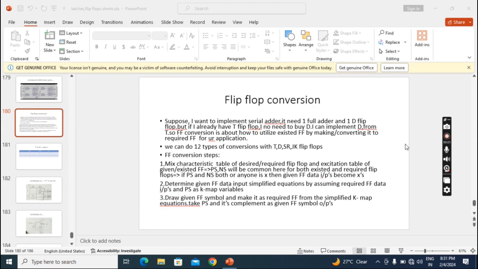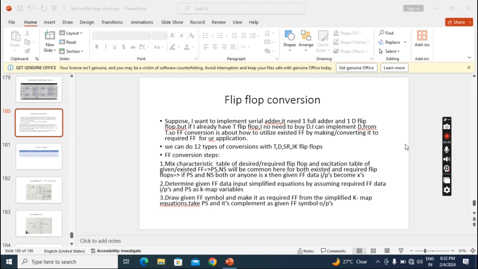I will give you one example. Suppose I want to design a serial adder. I want one full adder and one D flip-flop. I have a full adder but I don't have a D flip-flop, I have a T flip-flop. So in this case, what are the options? I have to go and buy a D flip-flop. That is one option.